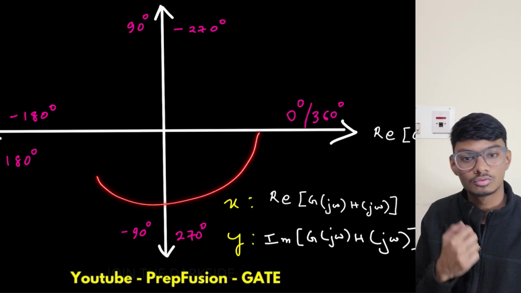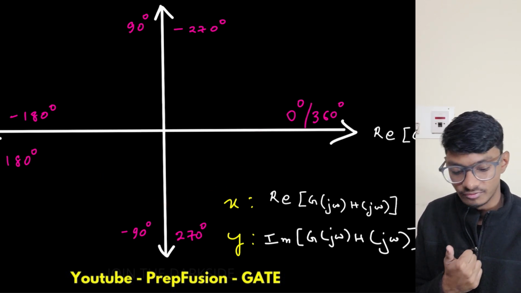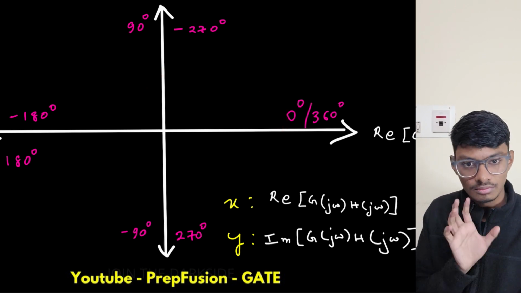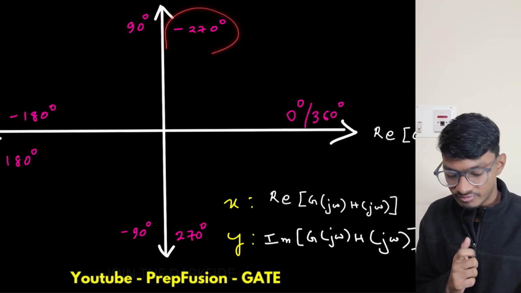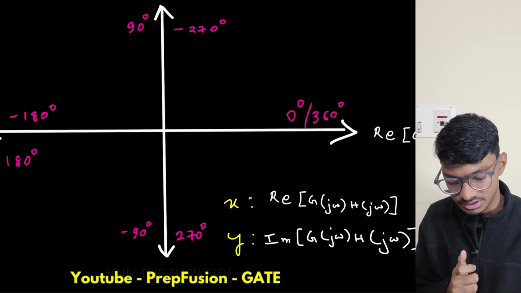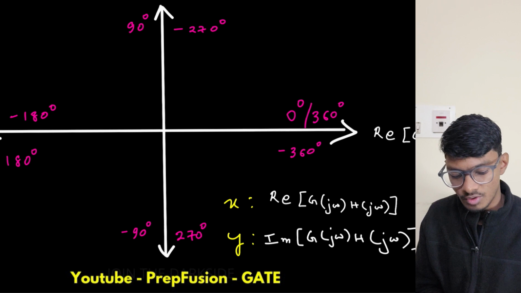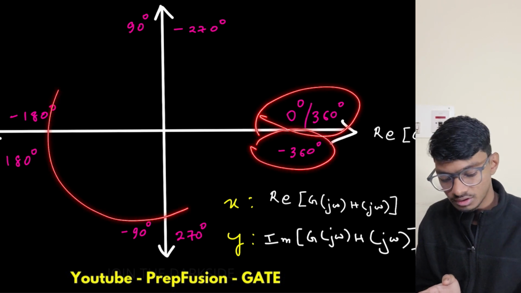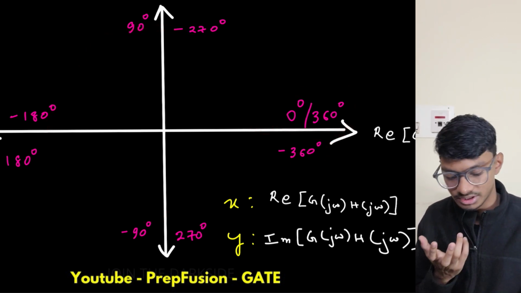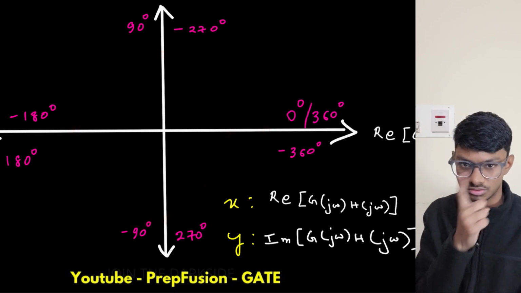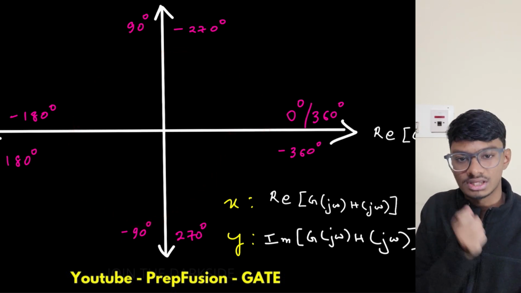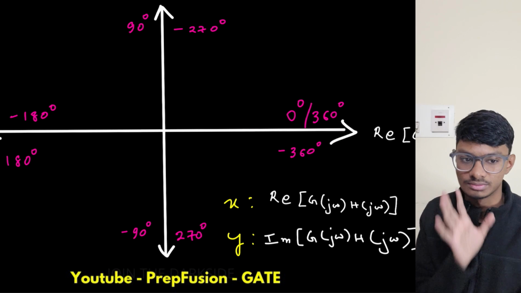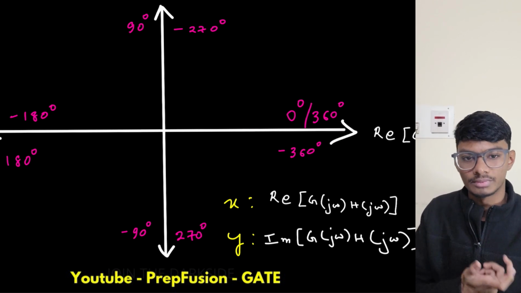If you are going clockwise, it will be negative. If you are going anti-clockwise, it will be positive. If I move another 90, this will be minus 360. If you add or subtract 360, you will come back to the same place, because 360 is a total circle. So it doesn't matter. These are a few things to keep in mind about angles.